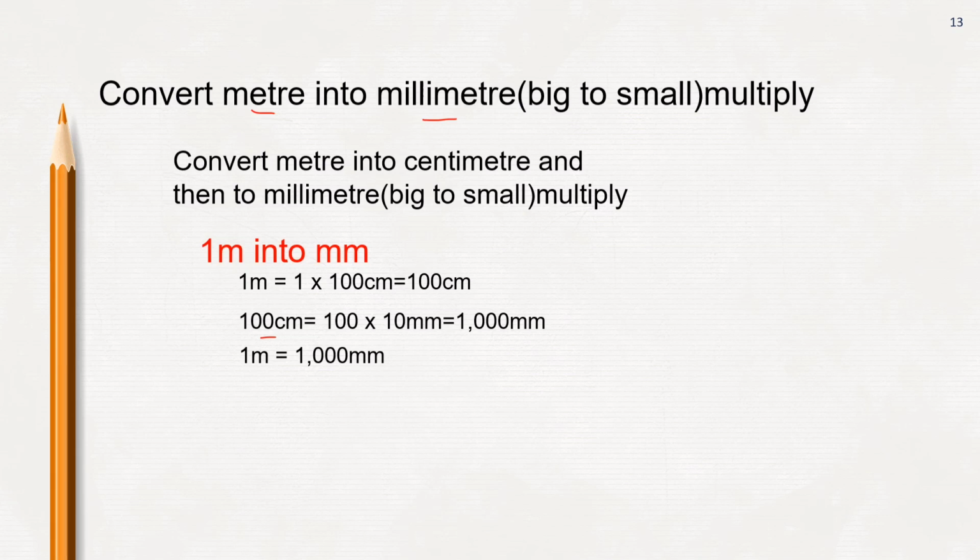Here first you have to convert meter to centimeter. When we converted 1 meter into centimeter, we get 100 centimeter. When you convert 100 centimeter into millimeter, we get the answer as 1000. So 1 meter is equal to 1000 millimeter.